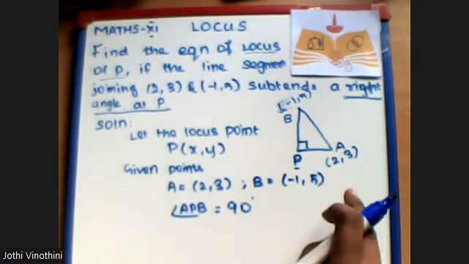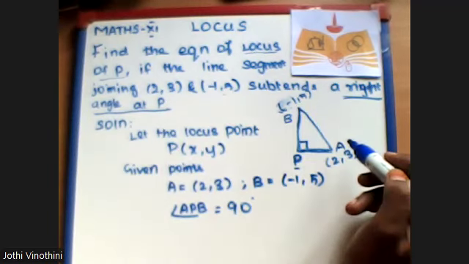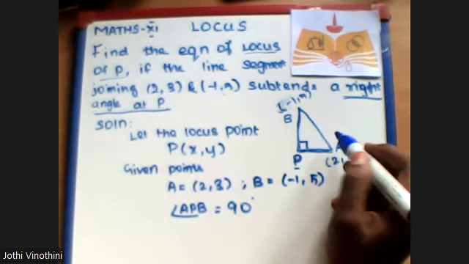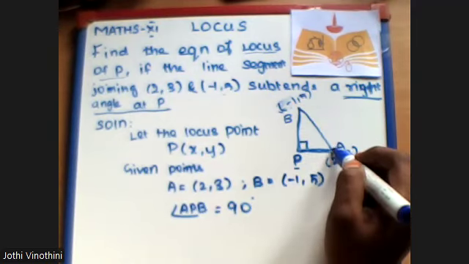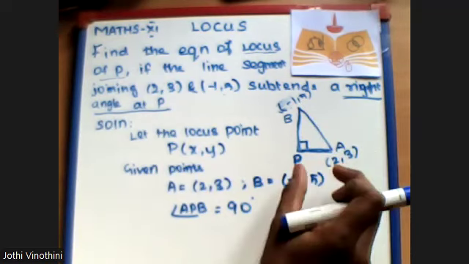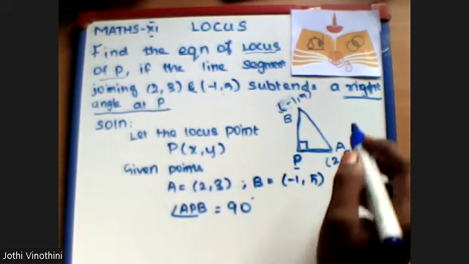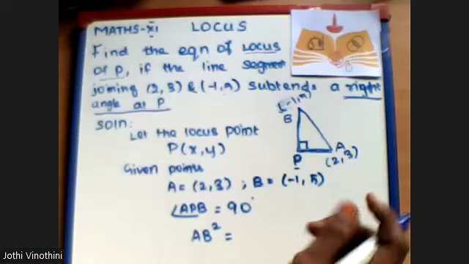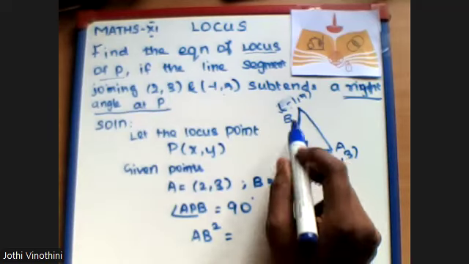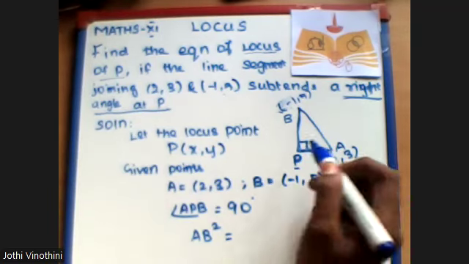From this, we can take the Pythagoras theorem, right? What is Pythagoras theorem? The square of the hypotenuse is equal to the sum of the squares of the other two sides. What is the hypotenuse here? AB. So AB square equals the sum of the squares of the other two sides, PA and PB.